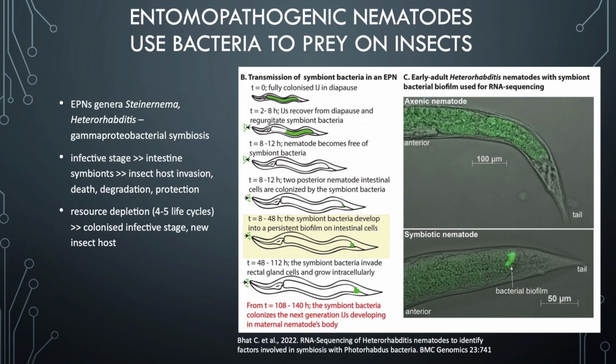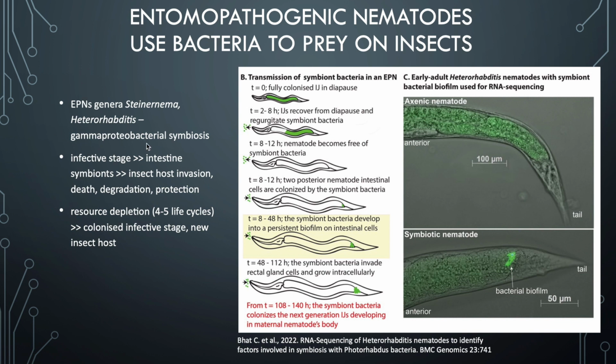To demonstrate just how specific these symbiotic relationships between bacteria and nematodes can be, a good example is that of entomopathogenic nematodes. These are nematodes that actually feed on insects, and in this case they use bacteria to actually kill the insect for them.